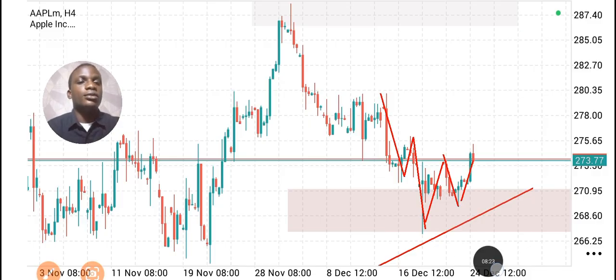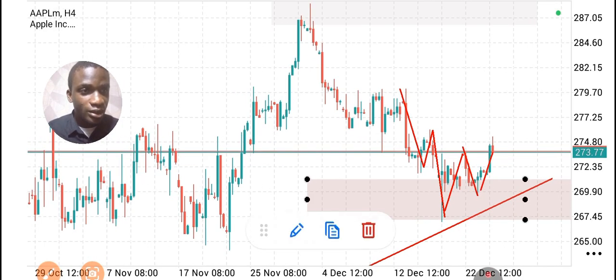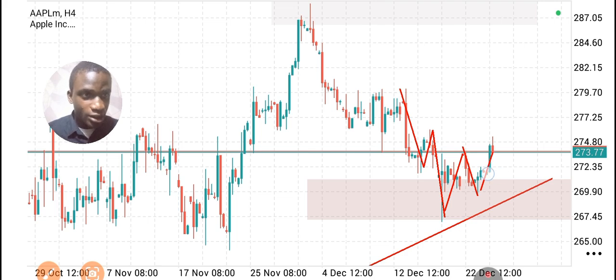In this market, I would have analyzed this the day before, yesterday, but I didn't have the time. I was quite busy, so I analyzed on my own when the market was still somewhere around. If you can see where I'm pointing, it was still in the zone yesterday.